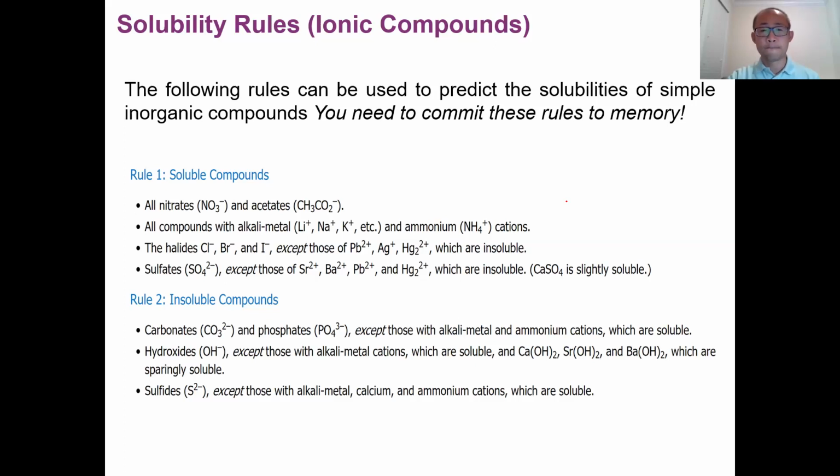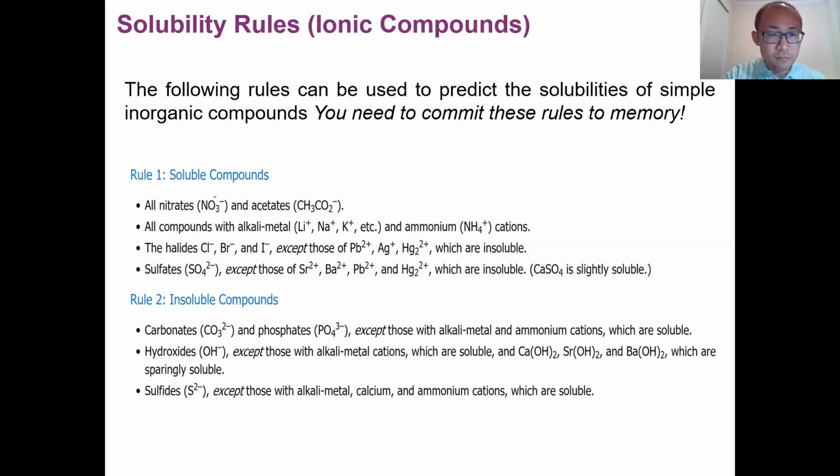That rule is shown in this page and the next page, which is a table from a book. I hope you can commit these rules to memory because they will be very useful to predict ionic compound solubility. The rule contains two parts.